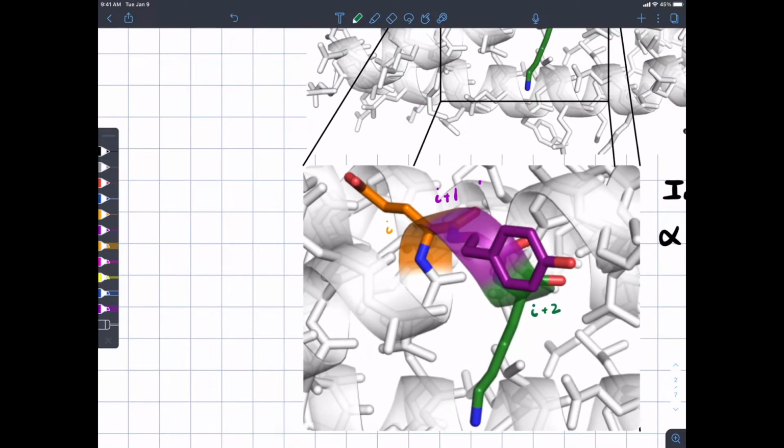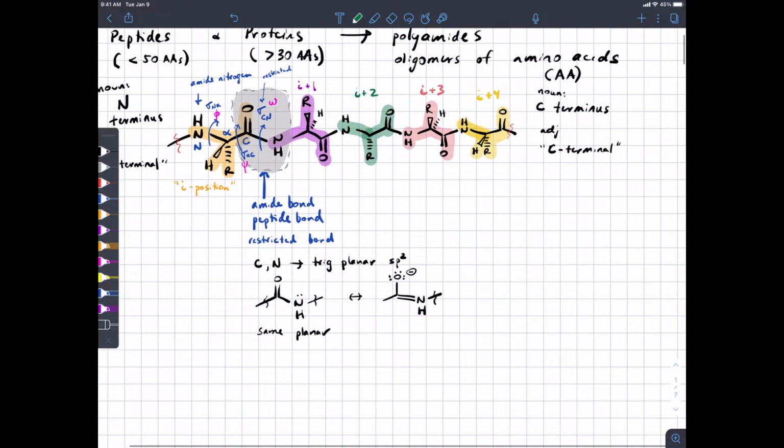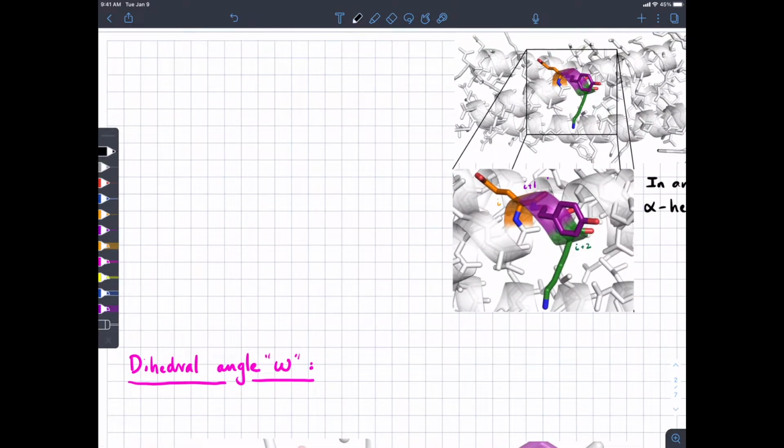All right, and we'll go ahead and copy the first few residues of our peptide. We can redraw it because that's just too busy. So this will be the orange amino acid with its side chain. This will be the purple amino acid with its side chain. And this will be the green amino acid with its side chain.